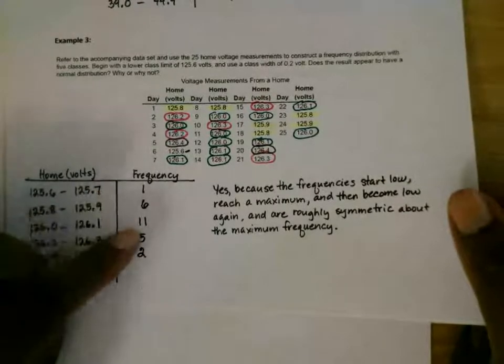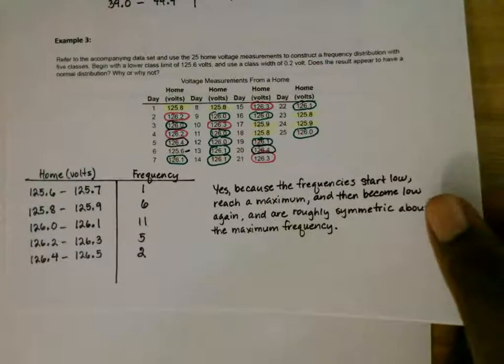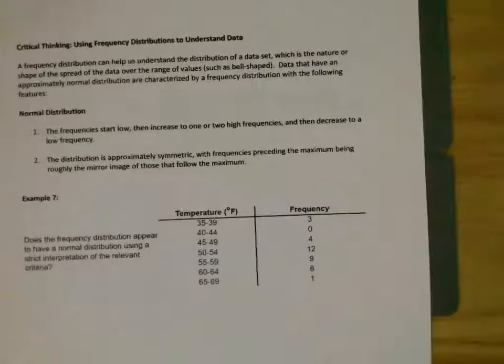It starts low, reaches a maximum number, then ends with a couple of low values here. Also, number 2, the distribution is approximately symmetric, with frequencies preceding the maximum being roughly the mirror image of those that follow the maximum.